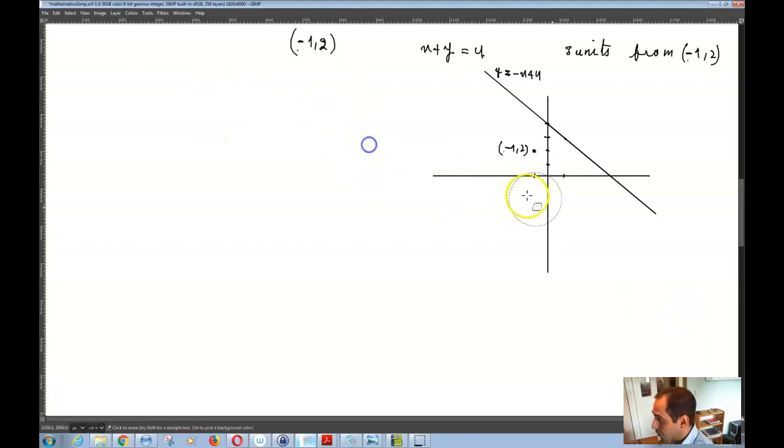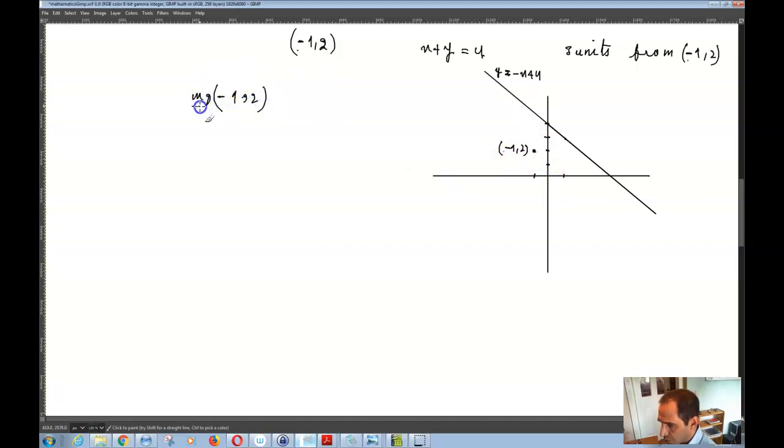To solve this problem, I need to find the equation of some line with some slope, and I know that the line goes through this point, -1, 2.